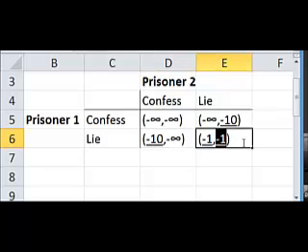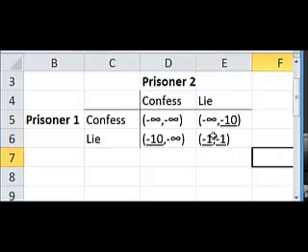So what this shows us is that under these new circumstances, the outcome is likely to be that both prisoners will lie and get off on a light sentence. So what Nash's framework does is provide us with a good way to look at incentives and analyze the payoffs.